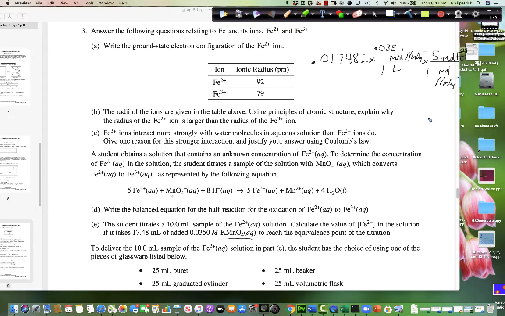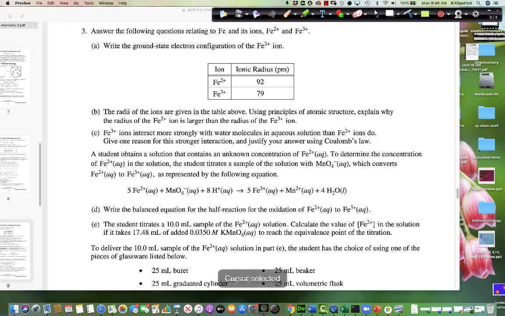So then do the calculation. You're going to get 0.000612 moles, but that's not what it's asking for. Now you know how many moles there are. You need to do one more step and divide that by the volume of 10 milliliters. All right, that's going to give me 0.306 moles per liter. All right, next question.